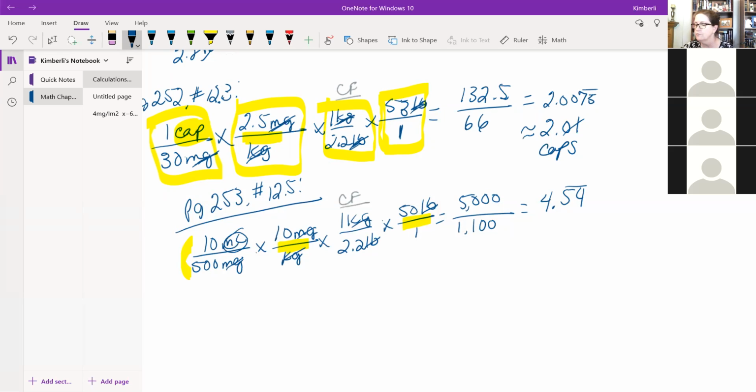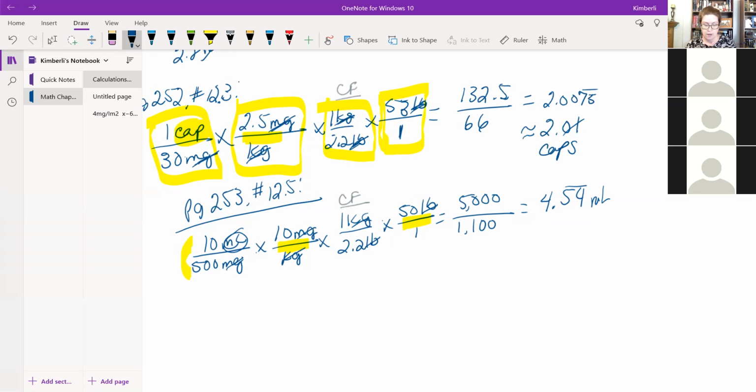So I solved for milliliters. That's how many milliliters I'm going to pull out of that vial of medication. Oh, look, this one's vancomycin. So I'm going to pull 4.54 milliliters out of that vial once it's been reconstituted.